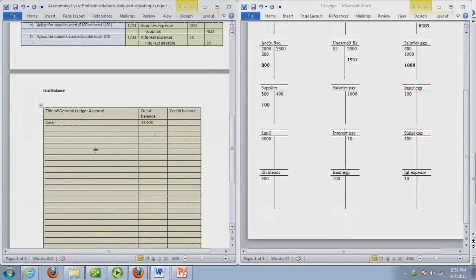Okay, let me slide that down. Whoops. Didn't quite get down there, did I? Okay, 1,100.